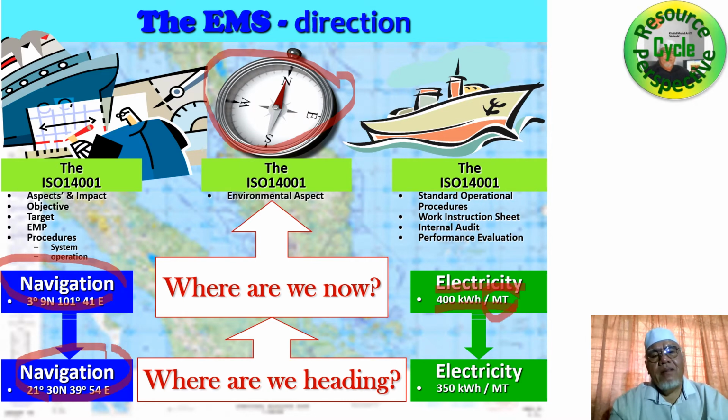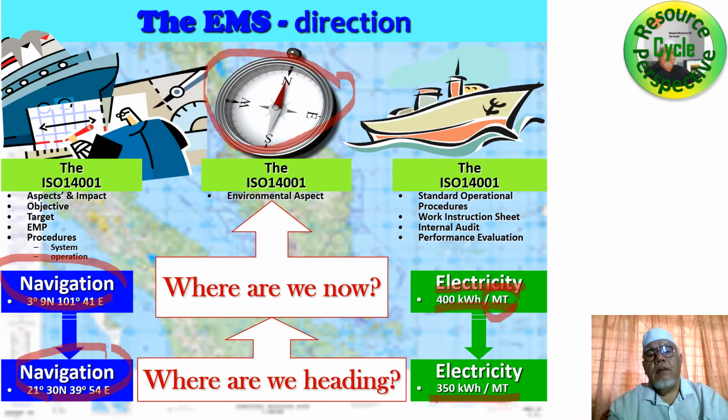Okay, now take a look. If we know we are using 400 kilowatt hours for every metric ton of product that we are producing, then when we talk about continual improvement, if possible, we try to bring it down to have a target which is as specific as this.